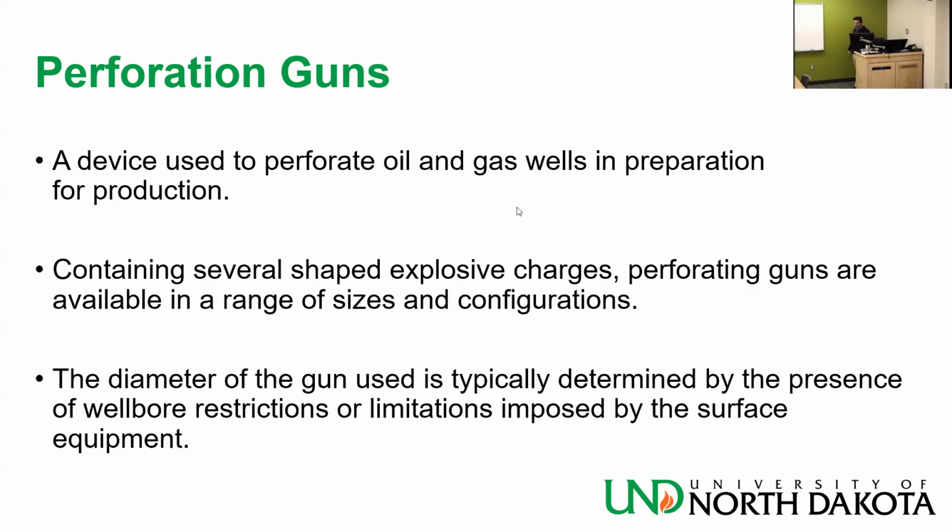The diameter of the gun used is typically determined by the presence of wellbore restrictions or limitations imposed by surface equipment. Again, whoever is going to make the decision needs to consider everything that is relevant in the decision-making process.